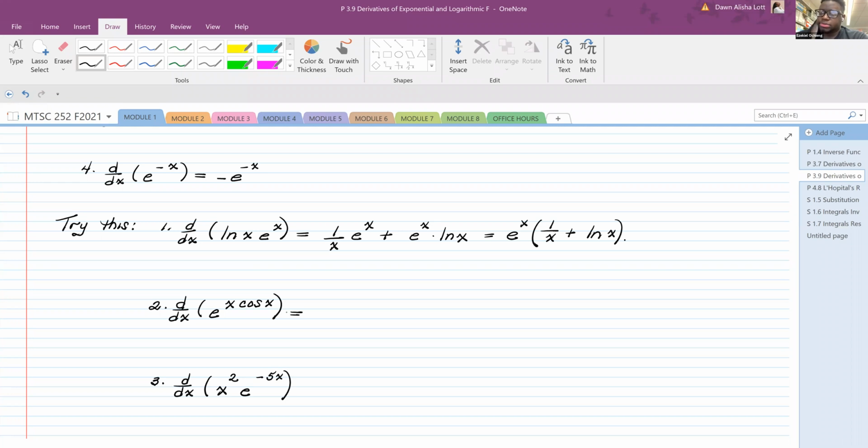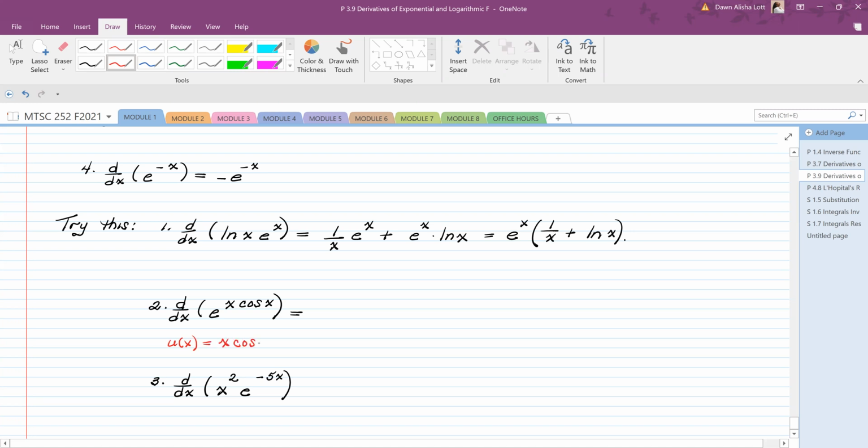Okay, so for this one, remember, what is u of x here? u of x is x cosine of x, right? So you have to find du/dx. And what is that? You have to use the product rule for that.